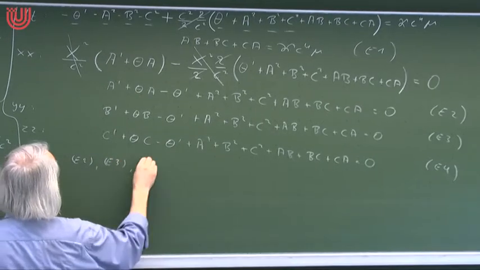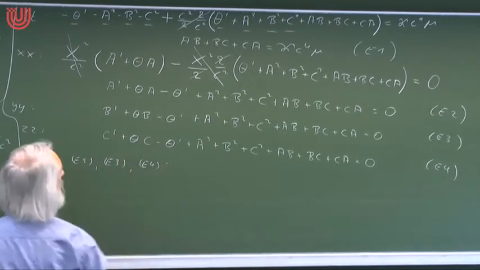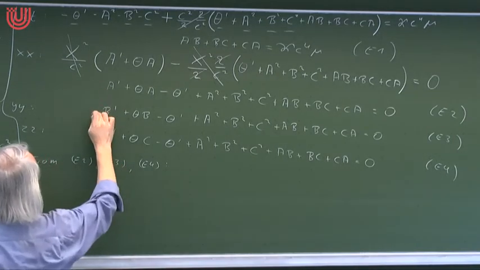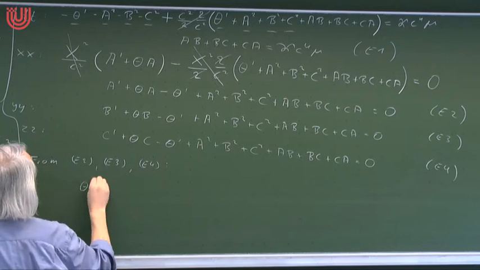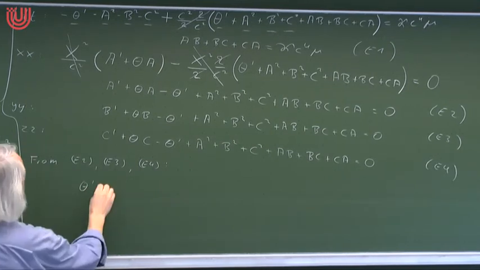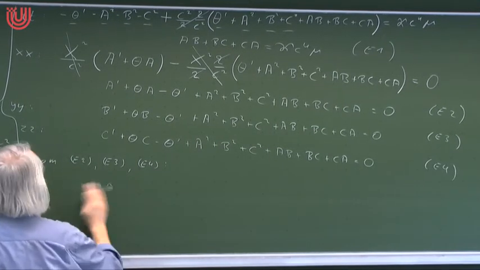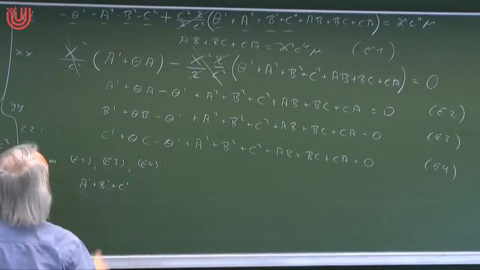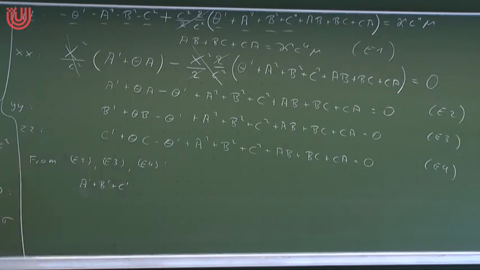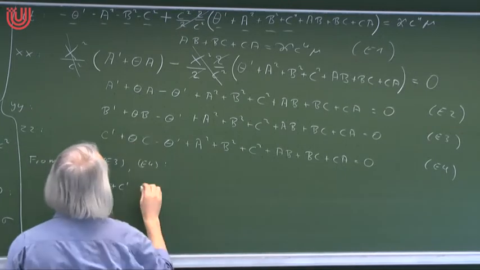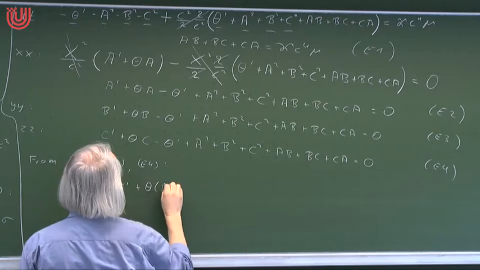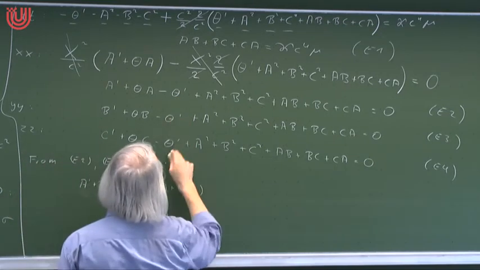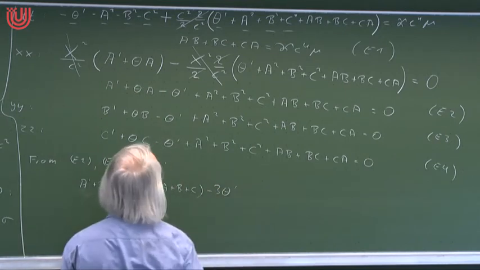to add these three equations together. If I add these three equations together, then I get A prime plus B prime plus C prime, which is theta prime. Then I get plus, okay, let me write it slowly, maybe not everyone sees it immediately. So these are these three terms added together. Then these three terms added together, A plus B plus C. This gives minus 3 times theta prime.